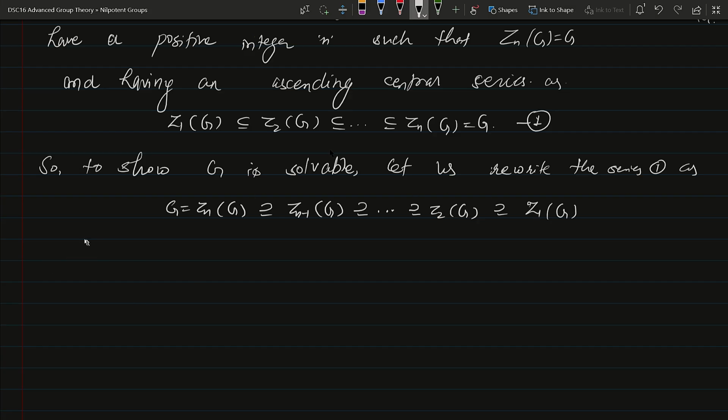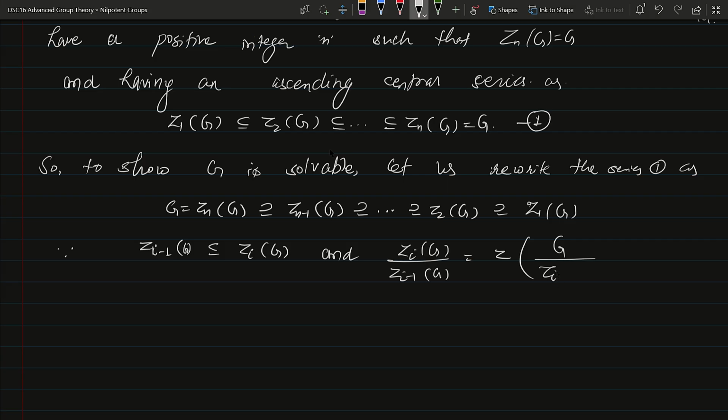But before that, we have Z(i-1)(G) contained in Zi(G), and the quotient group Zi(G) over Z(i-1)(G) is the center of the group G upon Z(i-1)(G).